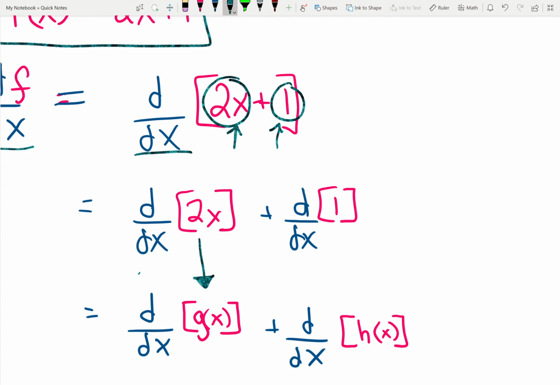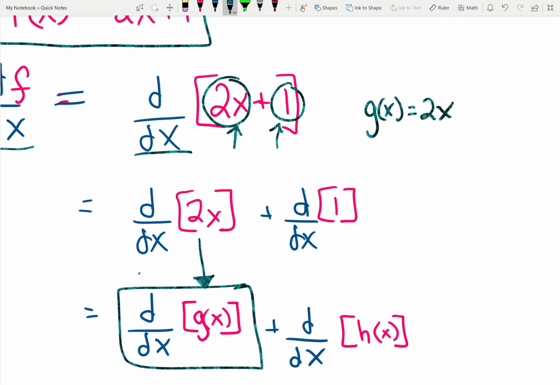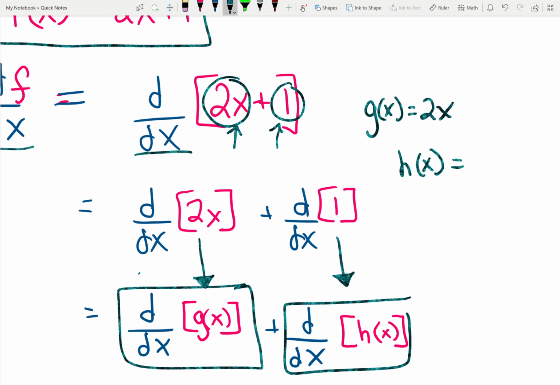Meaning at this step I'm pretending that I'm differentiating only a function g of x, where g of x is equal to 2x. And in this step, I'm pretending the only function I have is h of x, where h of x is equal to 1.